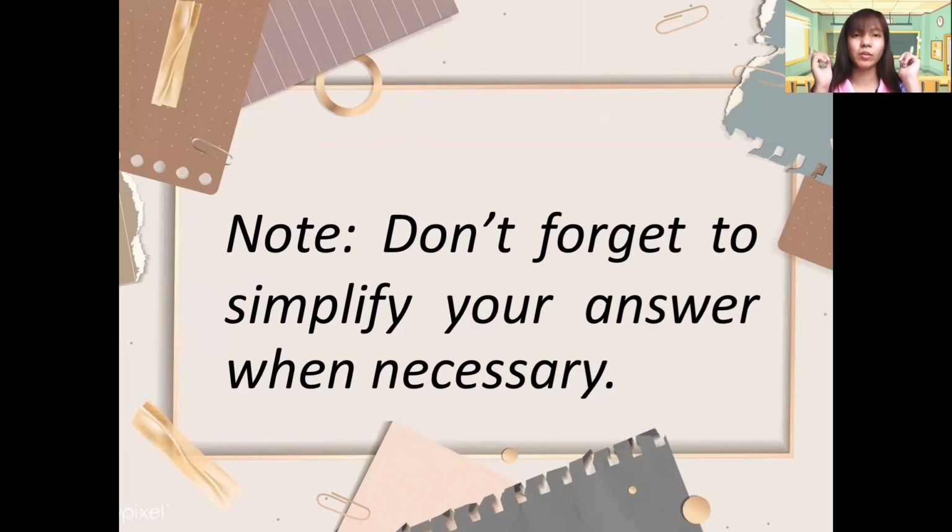You really have to think of what number is divisible to both numerator and denominator. Take note that it should be the same number, not a different number. If it's a different number, then you don't need to simplify.